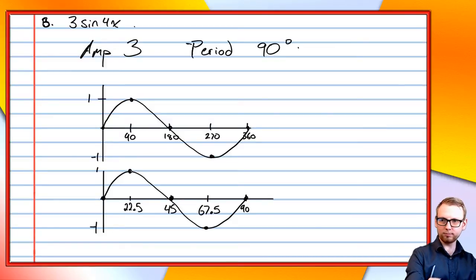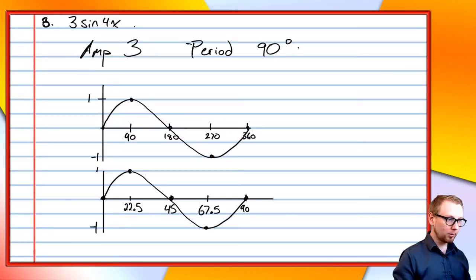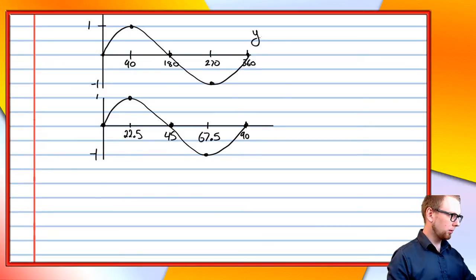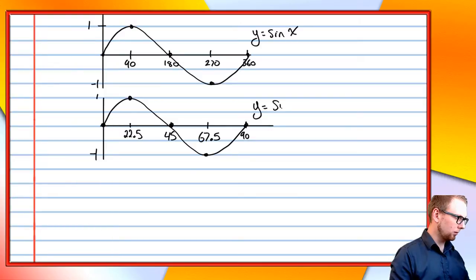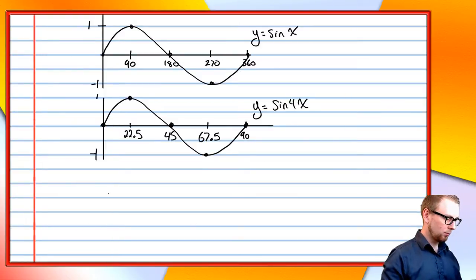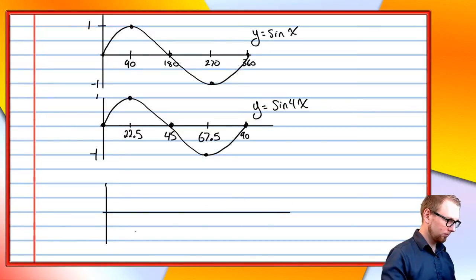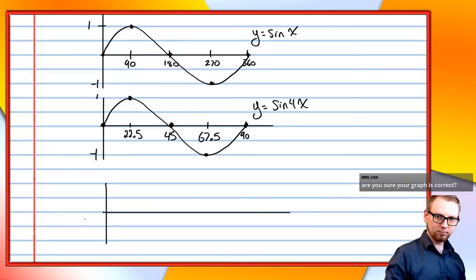I just stretched it out numbers wise. Then the last one we have is just changing the amplitude to 3. So y equals sine x, y equals sine of 4x. Last one, multiplied by 3. So let's take a look.